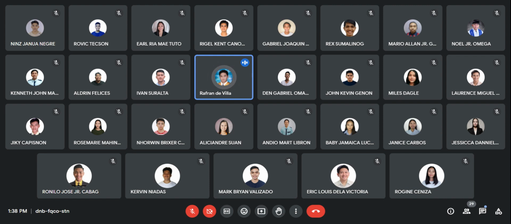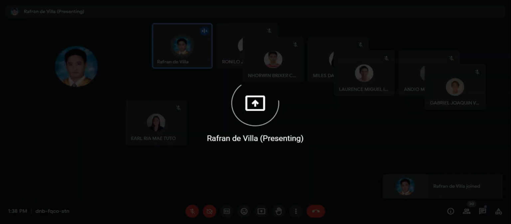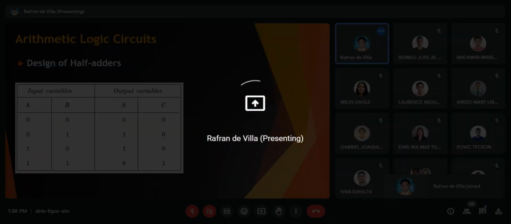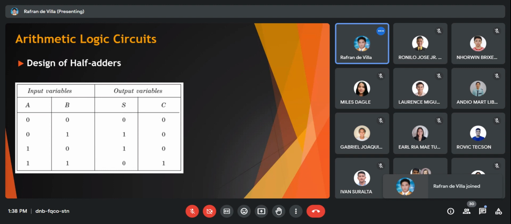Right now, let's proceed with arithmetic logic circuits. Most common is how to add numbers. Of course, before creating the circuit, let us first revisit the design for adding binary numbers.